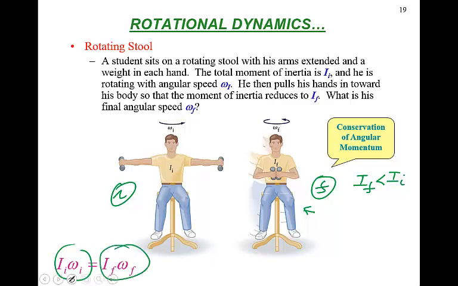If I final is reduced and the product I times omega got to remain constant, do you know what that means? It means the omega final has to be larger than the omega initial. And that's the explanation why the student starts spinning faster when he brings the arms in with the weights.